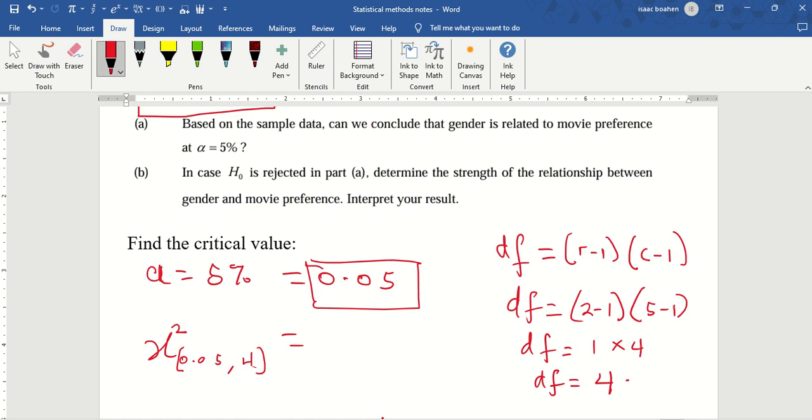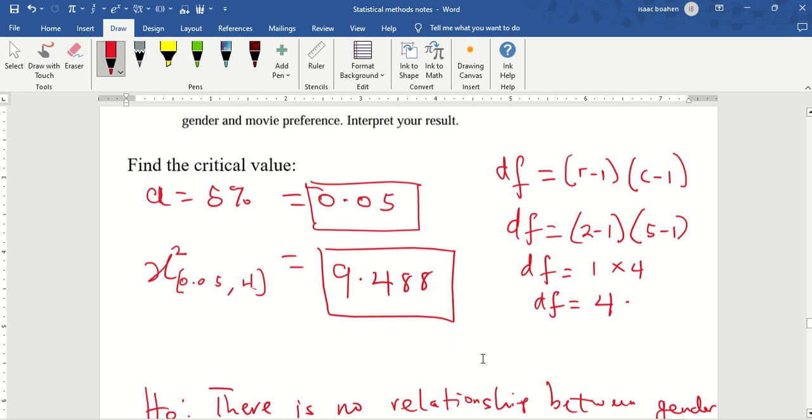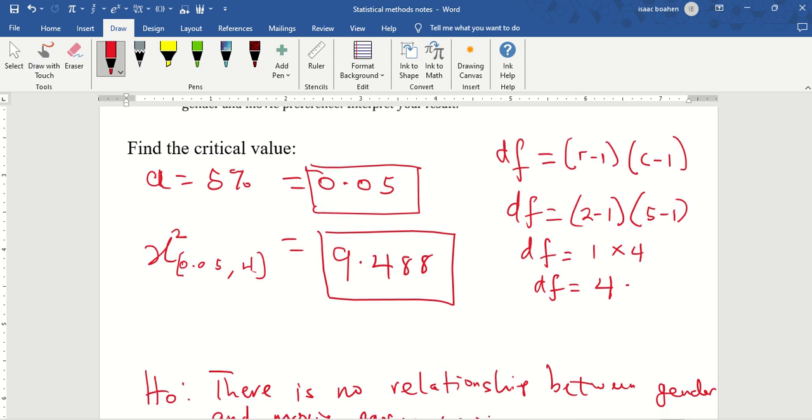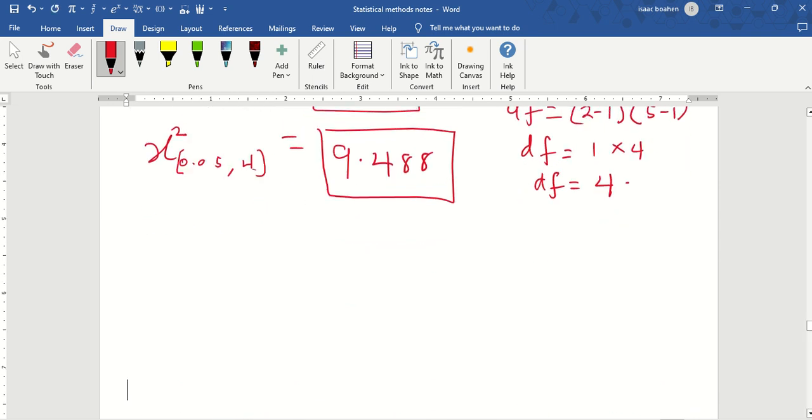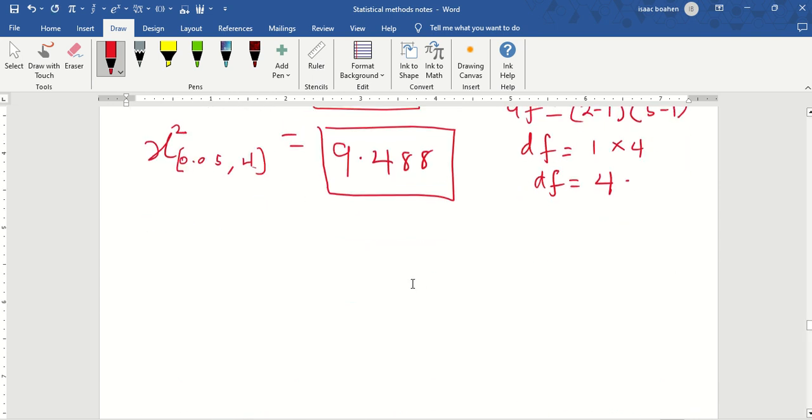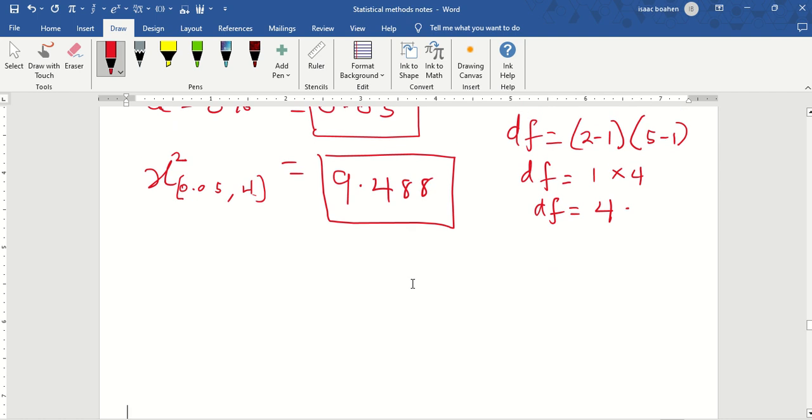So our critical value is going to be 9.488. That is my critical value. So now we have to compare this to the calculated test statistic.